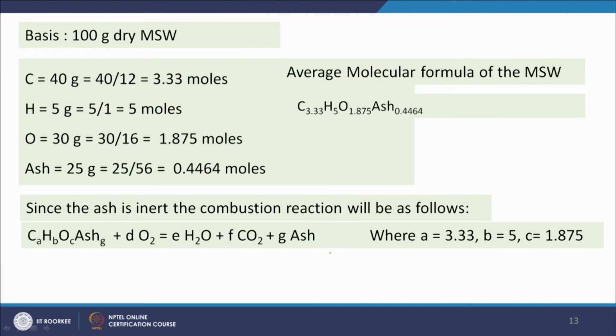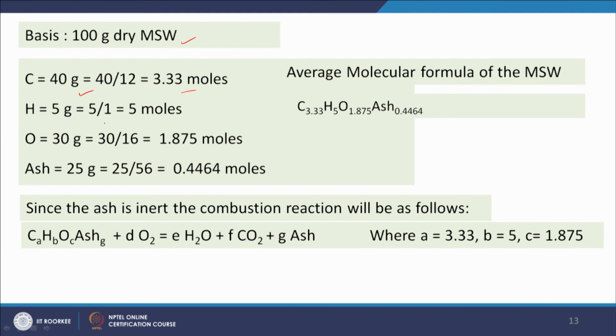So, again we will take here a basis, that is 100 gram dry MSW. So, carbon is 40%. So, for 100 into 0.4, so 40 gram, that is equal to 40 divided by 12. So, 3.33 moles per 100 gram MSW carbon is present. So, hydrogen is equal to 5%. So, 5 gram.